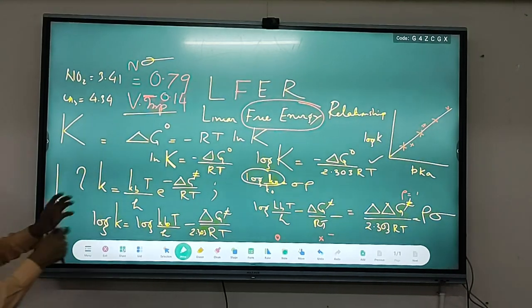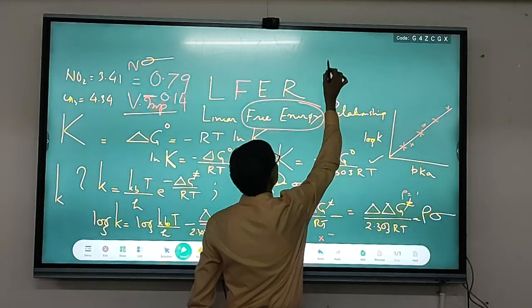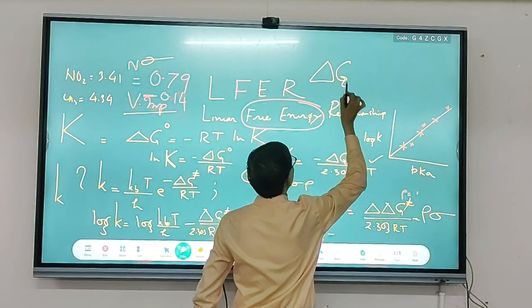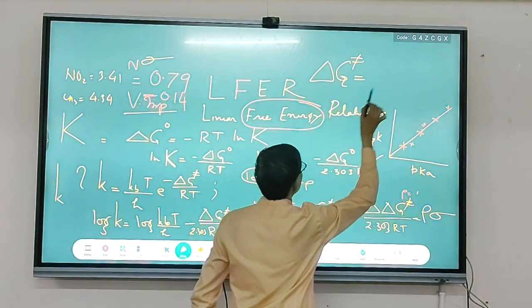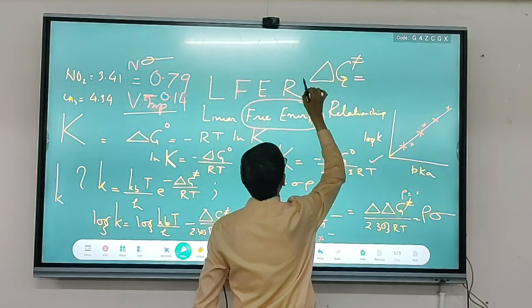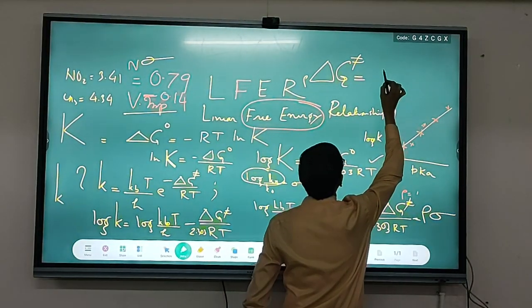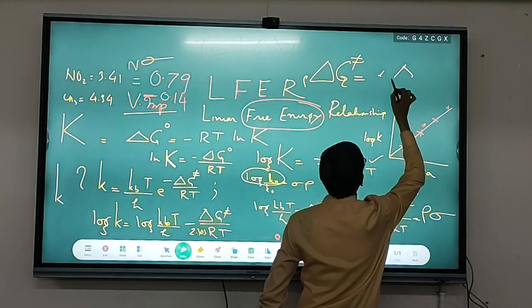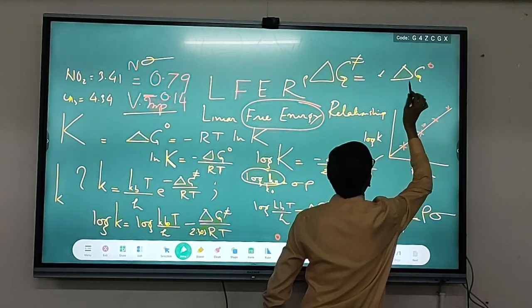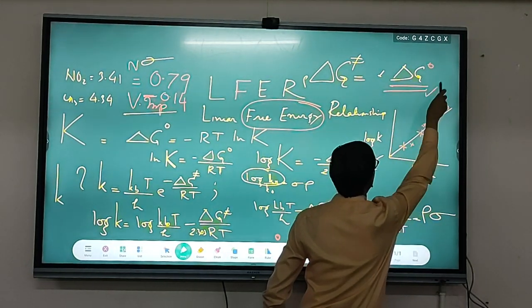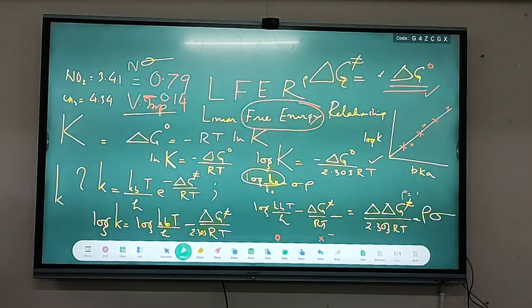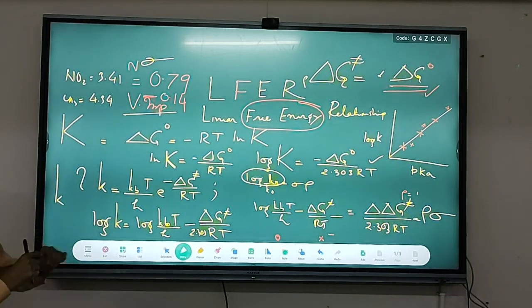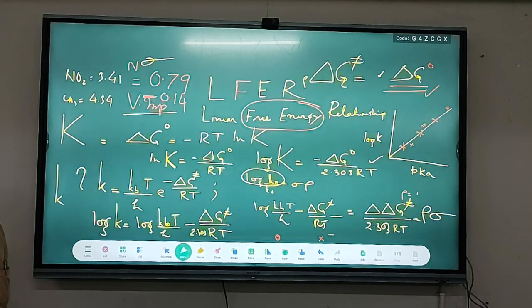That means delta G must be related to some constant like that. Therefore, it is called the free energy relationship, Hammett equation.